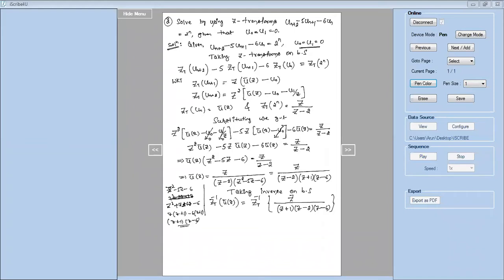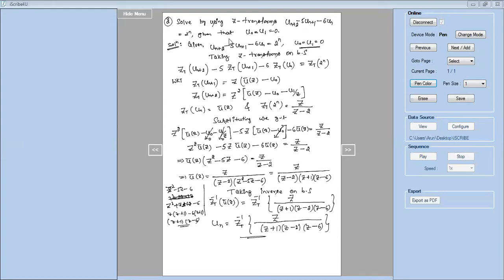And you know zt inverse of u bar of z is un, so we get un equals zt inverse of z divided by z plus 1 into z minus 2 into z minus 6. Right? So this is un we got.